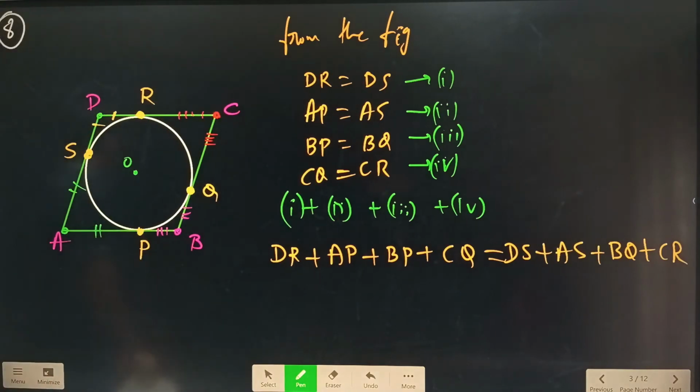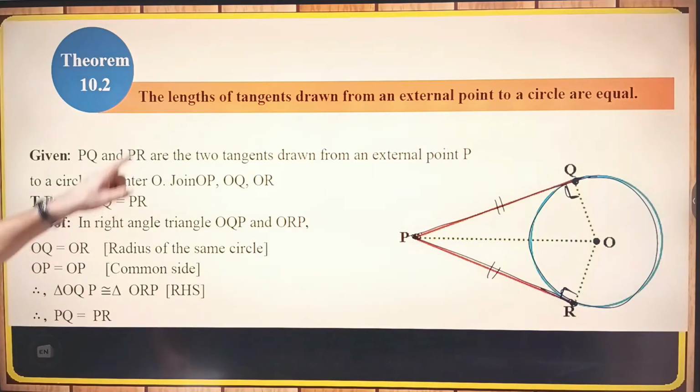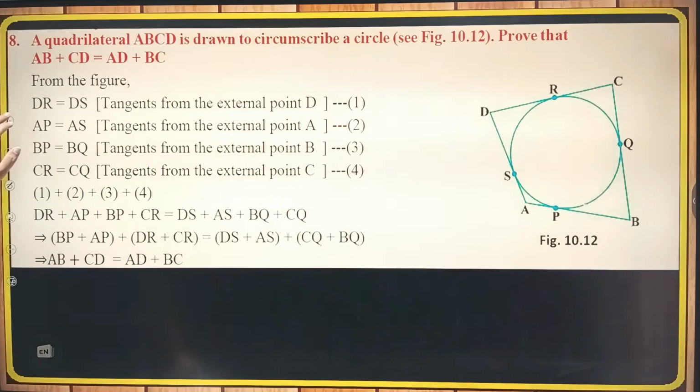Clear? What is our aim? Observe carefully. In this question, what is asked? AB plus CD should be equal to AD plus BC. Correct? We have added everything.